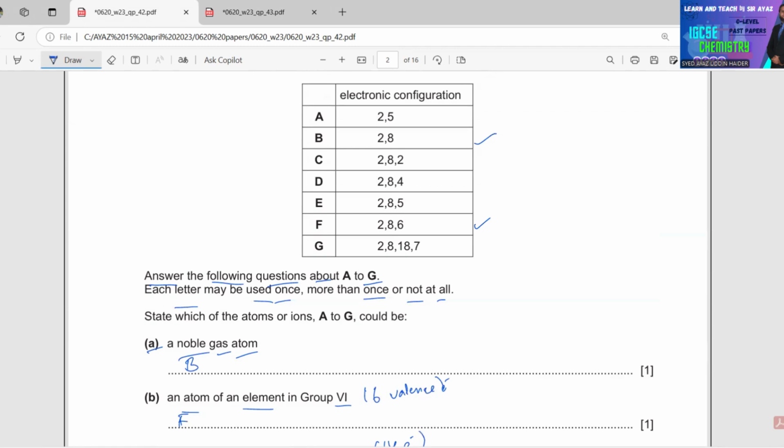If you count the electrons in A, it will be 5 plus 2, 7. What about B? It's 2 plus 8, 10. C, 2 plus 8 plus 2, 12. D, 2 plus 8, 10, 10 plus 4, 14. So D must be the right answer for this part.